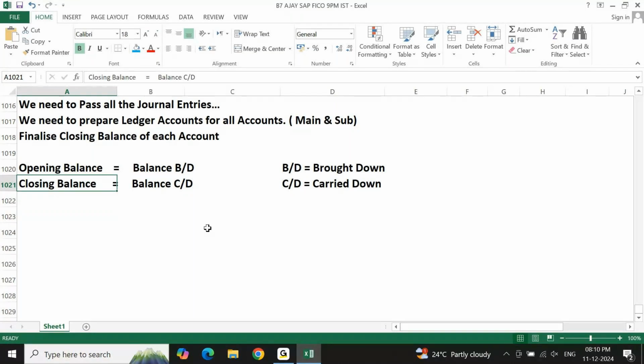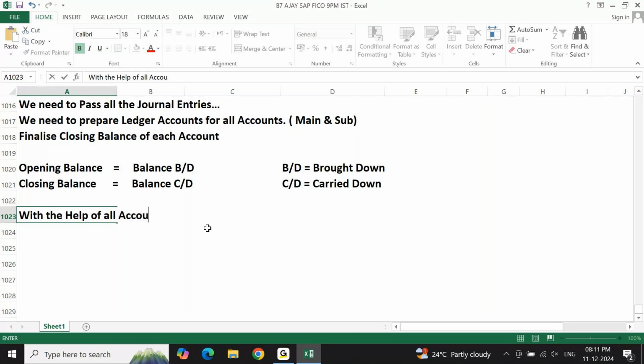With the help of all account closing balances, we will prepare the trial balance. Am I correct?